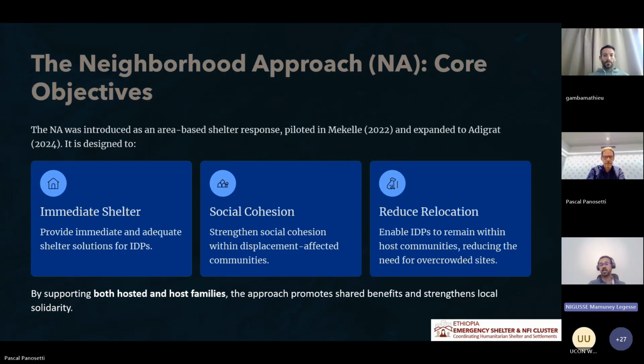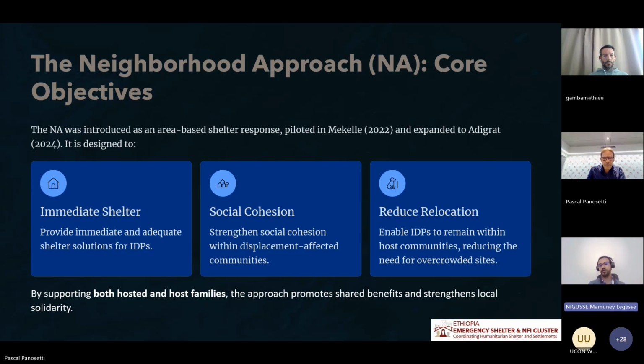So basically, it initially supports the immediate shelter needs of the affected community, targeting the IDPs, while in the long run, once the IDPs have returned or transitioned to other settlement types, the hosting family will take over the houses and will benefit from it. And the other side is that it increases the social cohesion within the hosting as well as the hosted families, as the IDPs will not totally depend on the hosting families.